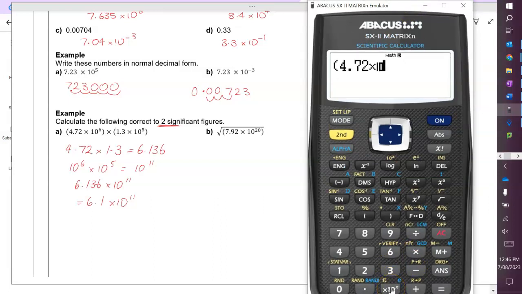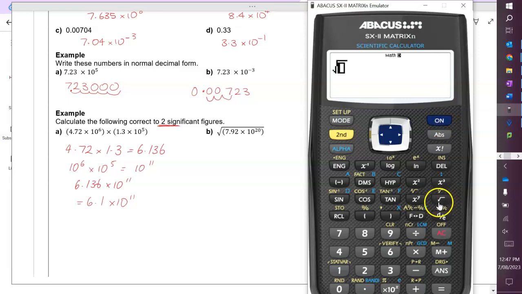If we press that, and then the 6, it does that for us. Multiplied by 1.3, 1.3 times 10, and this time it's the power of 5, and equals. We can see we get exactly what we had here, it's just now rounded to 2 decimal places.